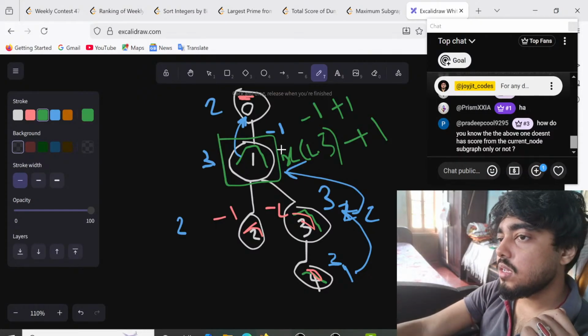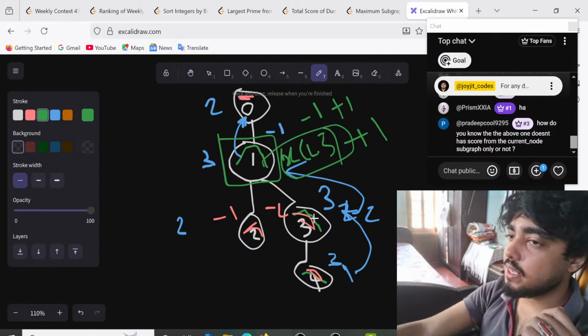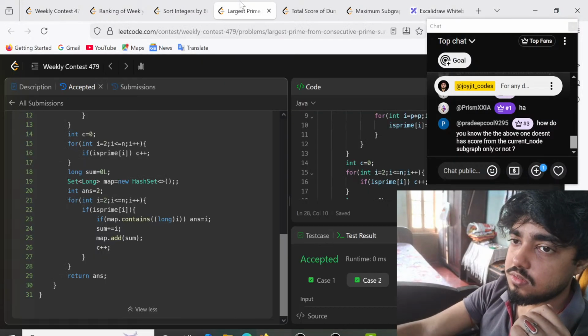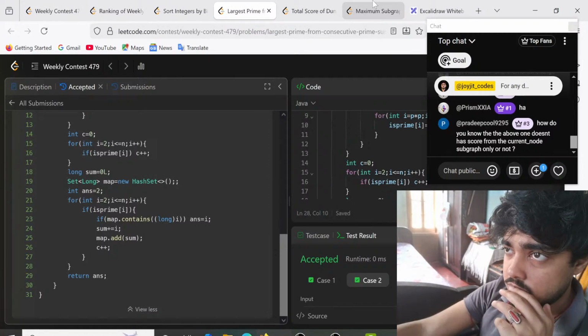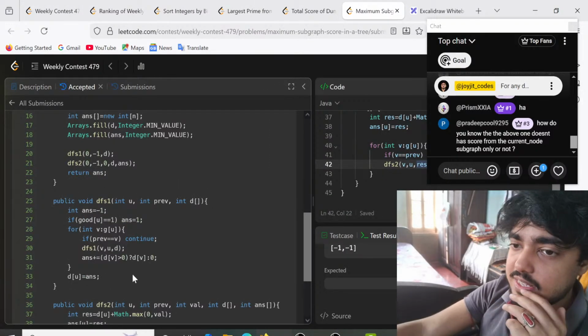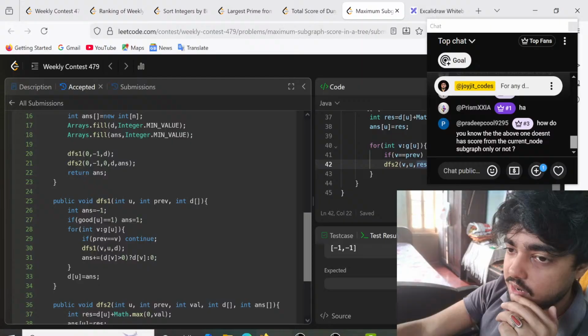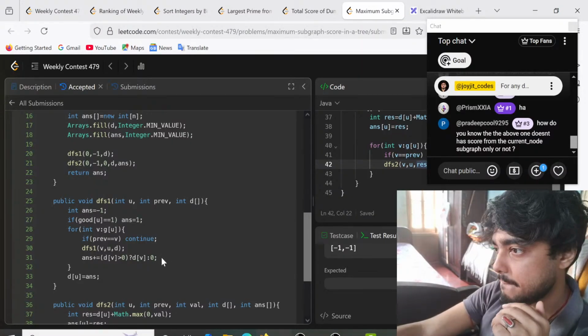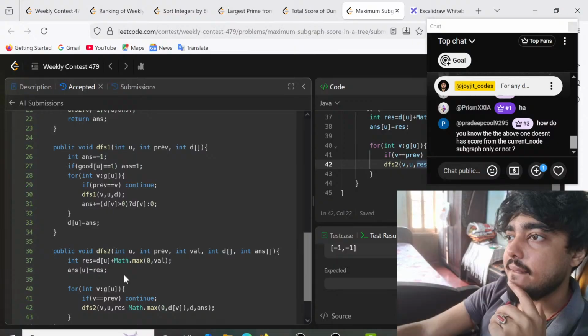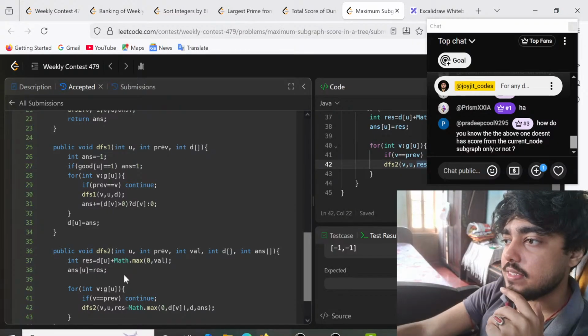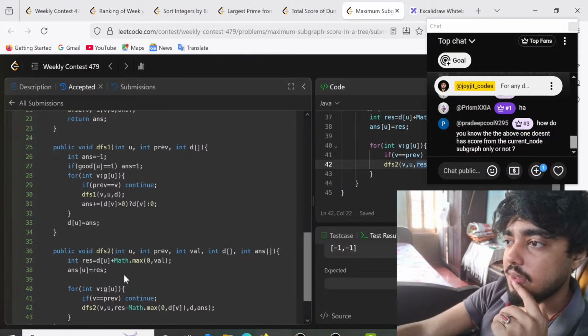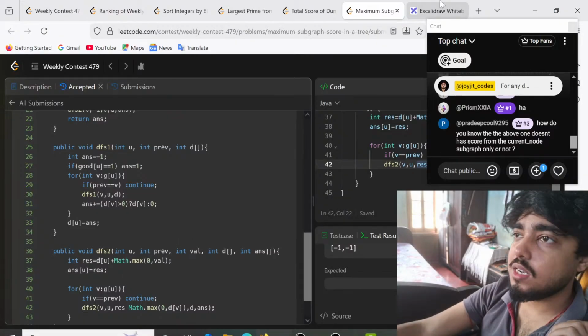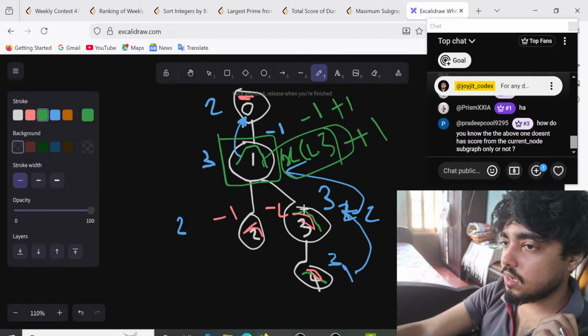So this I will only take if it is greater than 0. If it is greater than 0, then only I'll take dv, otherwise I'll make it 0. Sorry, I made another mistake. I was thinking maximum, sorry, my mistake.